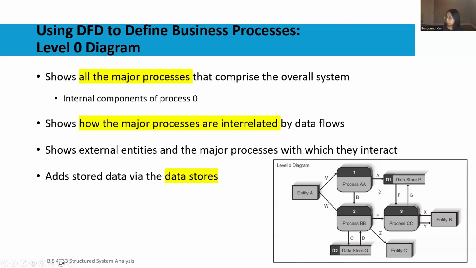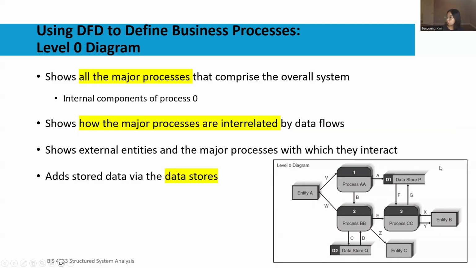So here, the difference from the context diagram is the data store defined. And also you can see there are a couple of sub-processes that define what this manuscript management system is about.